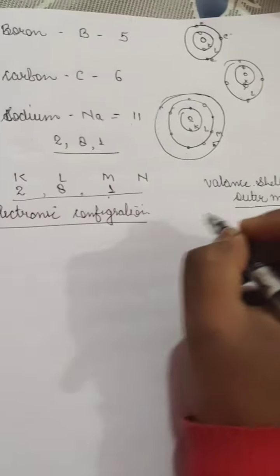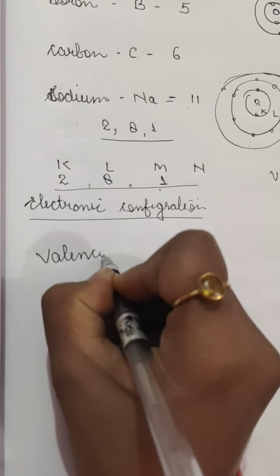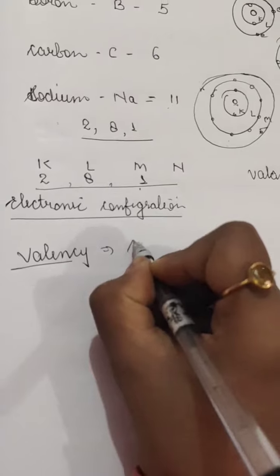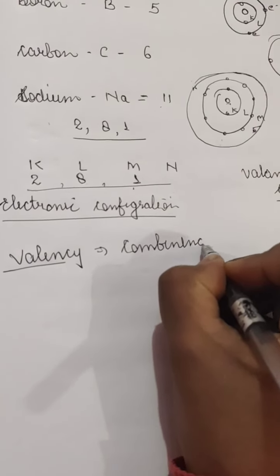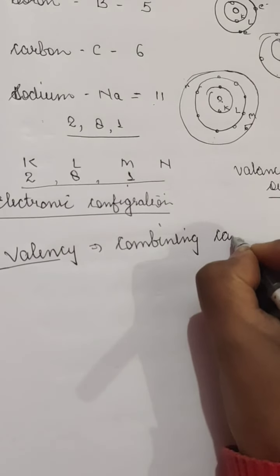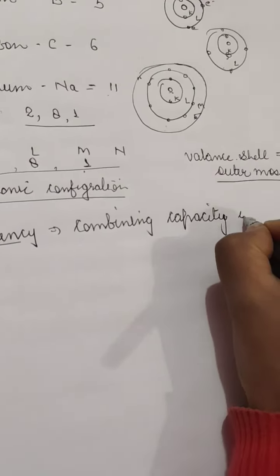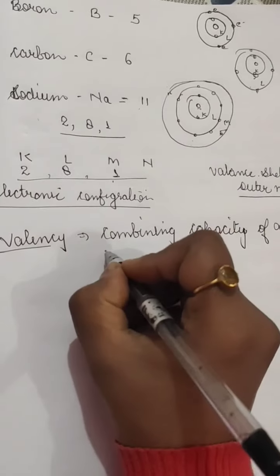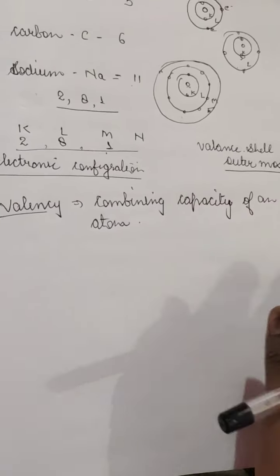Now from this a term comes called valency. The valency is the combining capacity of an atom of any element.